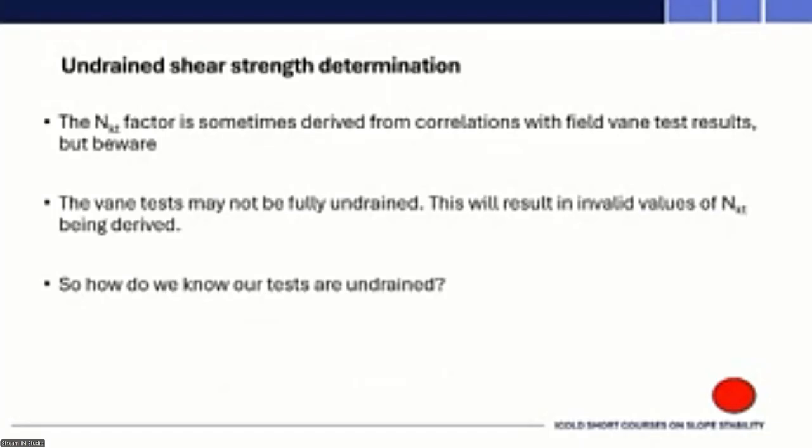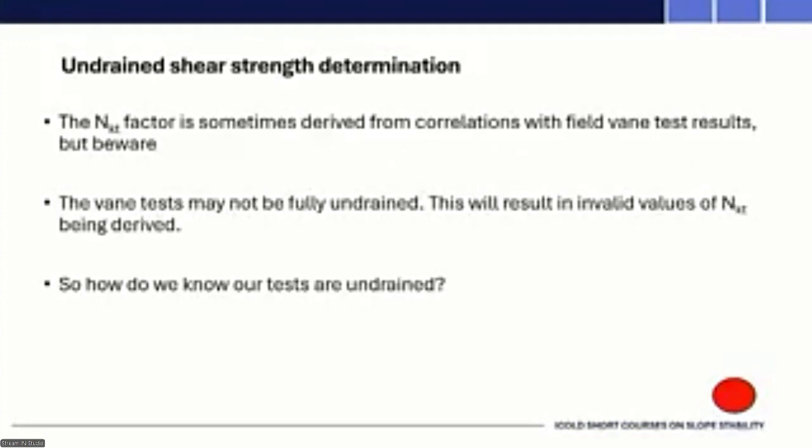So here it is. It's sometimes correlated with field vane tests, but big red alert here. Those vane tests themselves may not be fully undrained. As you're rotating the vane, you're getting consolidation taking place, you're getting more resistance, so you think you're measuring an undrained strength of 200, but it's actually 120.